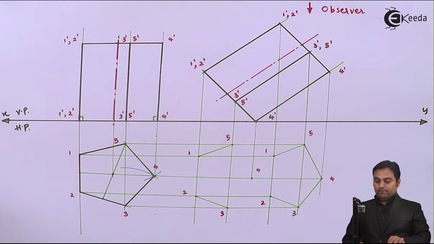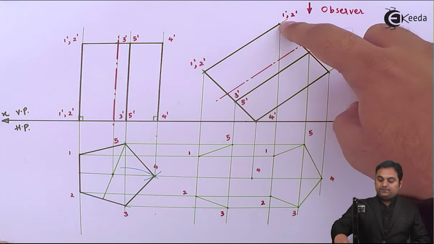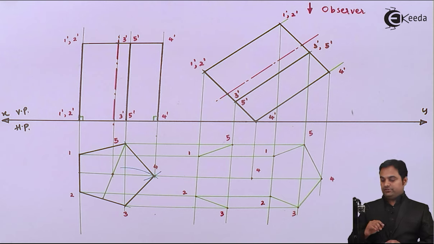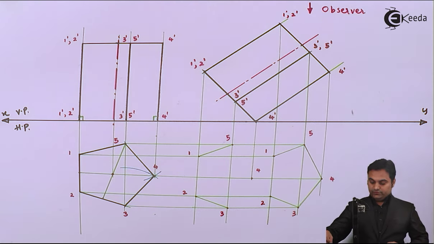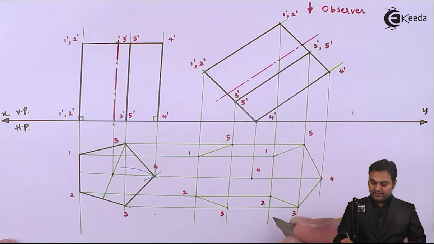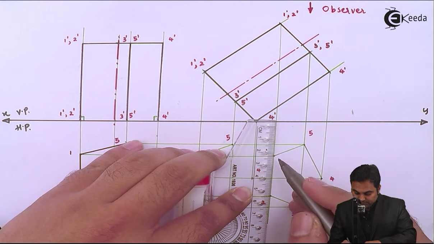Now based on the visibility part, as we are looking from the top, this pentagonal face is visible, so it should be made dark first. So here I'll make this 1 2 3 4 5 dark, drawing the dark lines here.